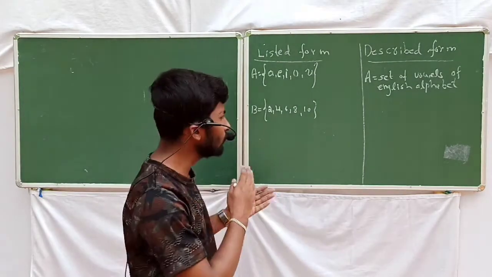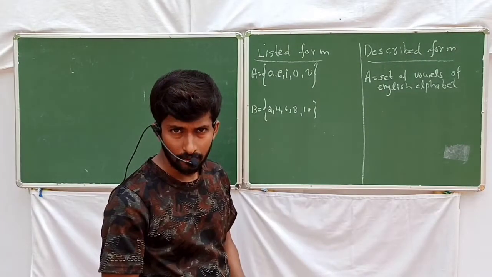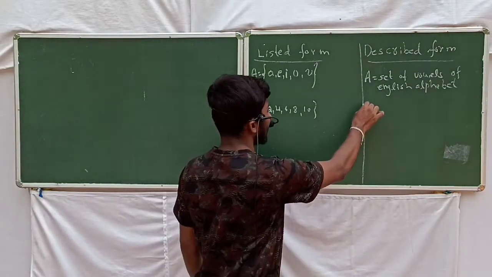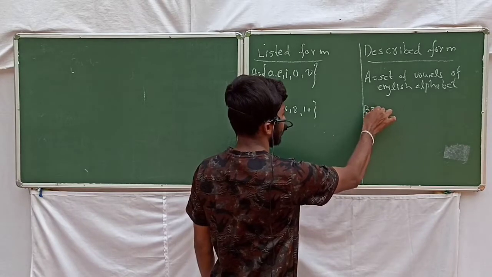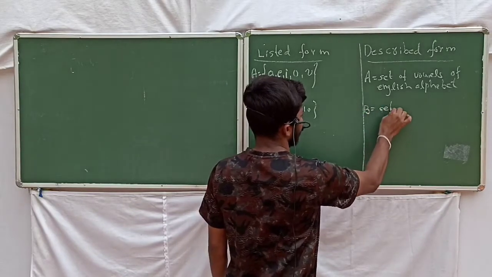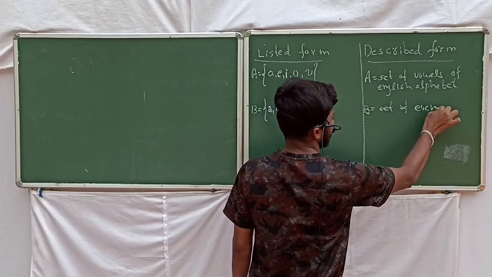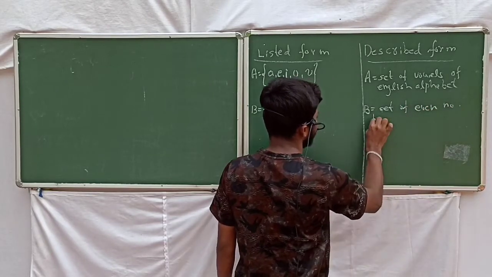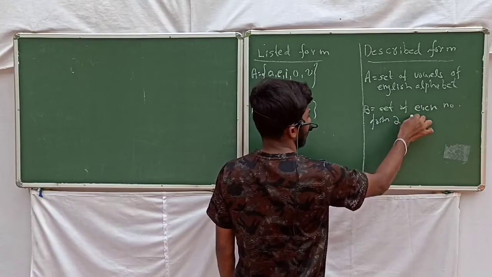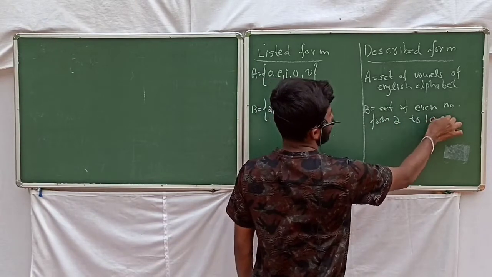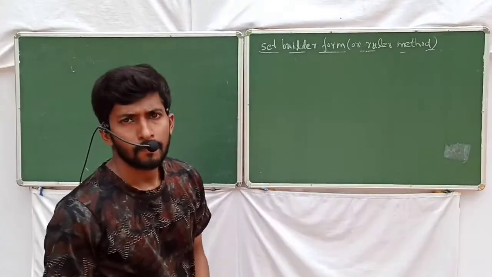Even numbers from 2 to 10 is given. So I will write this in described form as B is equal to set of even numbers from 2 up to 10. Clear?